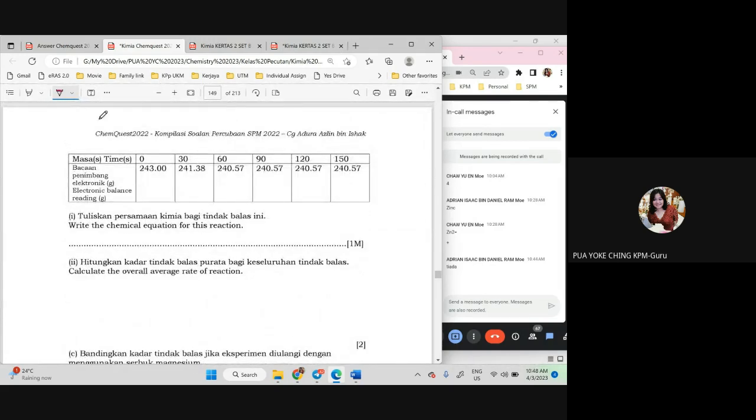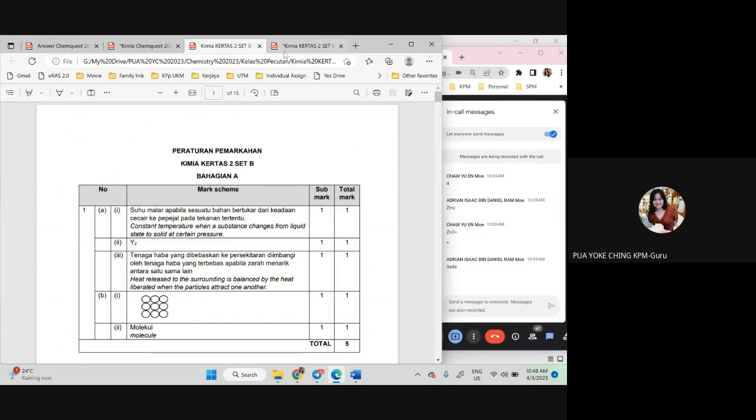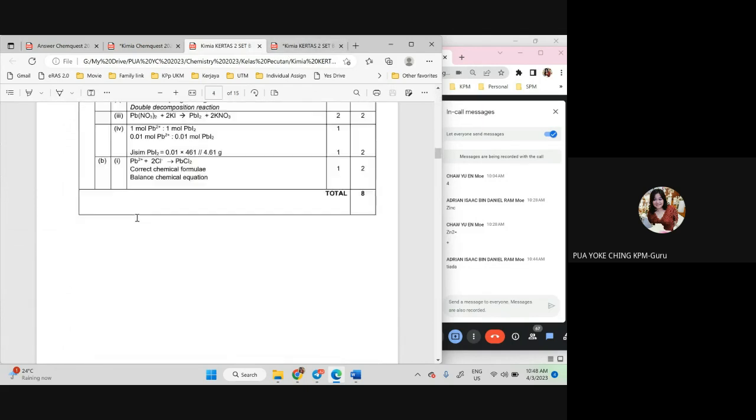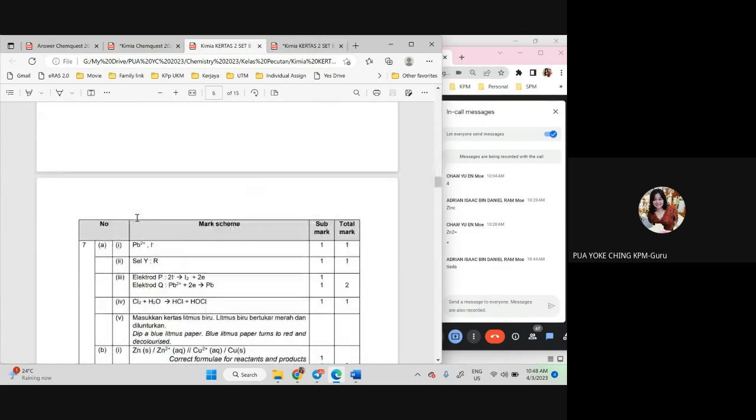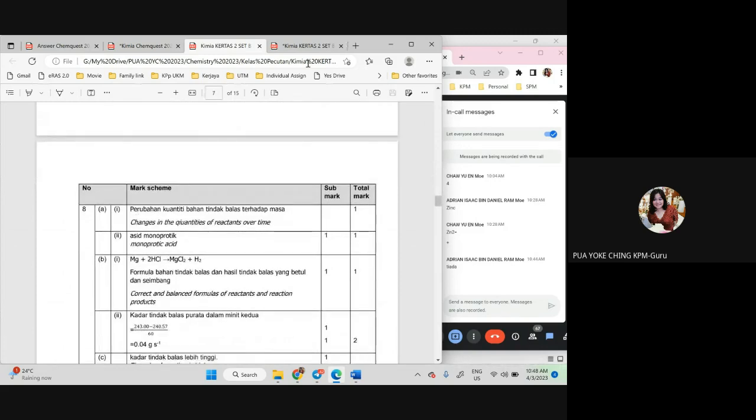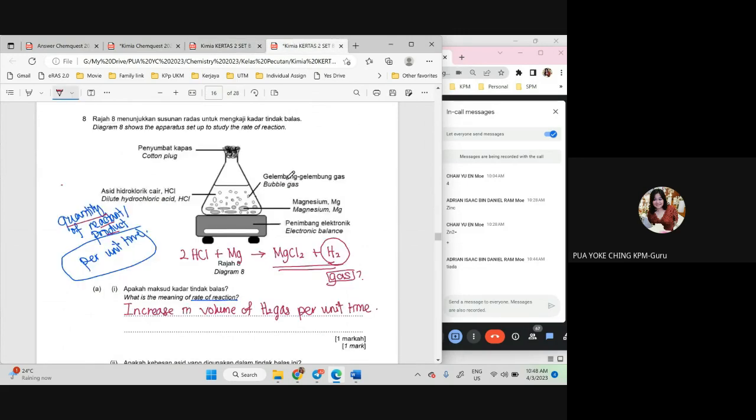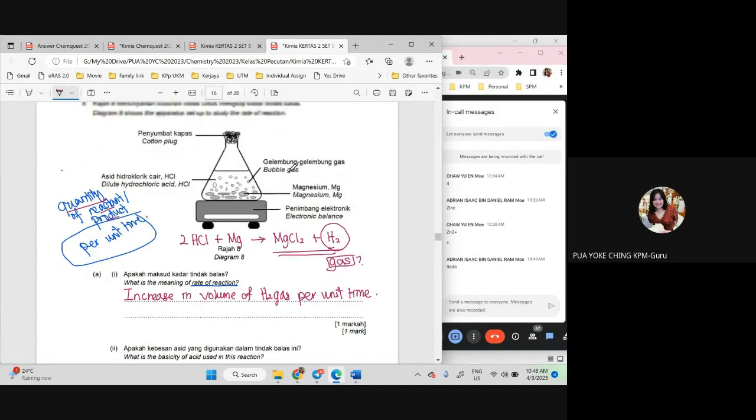Okay, ataupun this one. Okay, kalau this one, bacaan penimbang, you tengok dia punya penimbang semakin berkurang. Kenapa semakin berkurang? This is also your set B, ya. Okay, this is jawapan yang mereka bagi is not specific. Tapi saya nak you bagi jawapan yang specific. Okay.